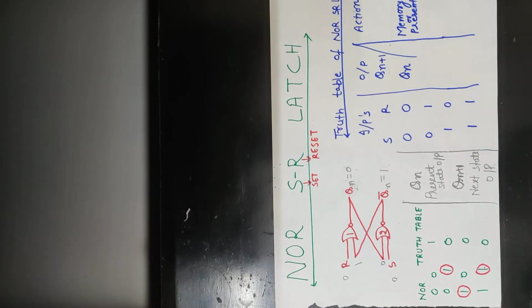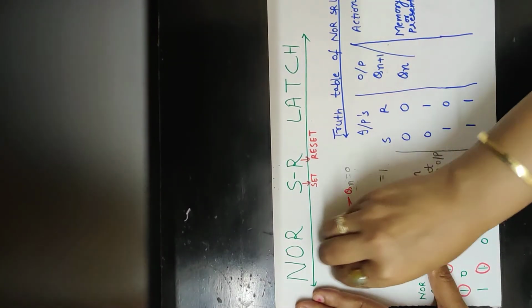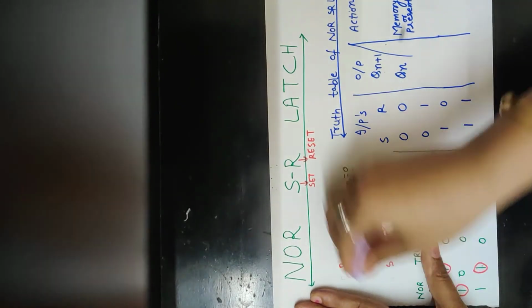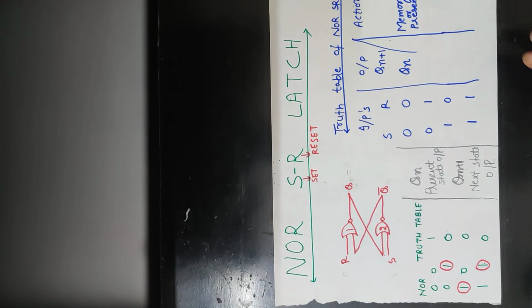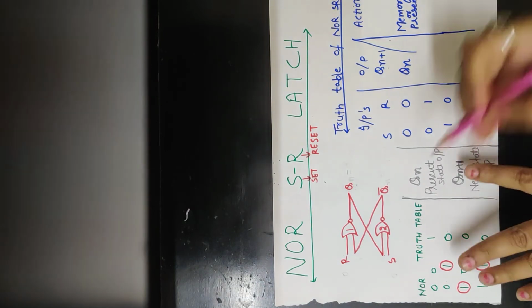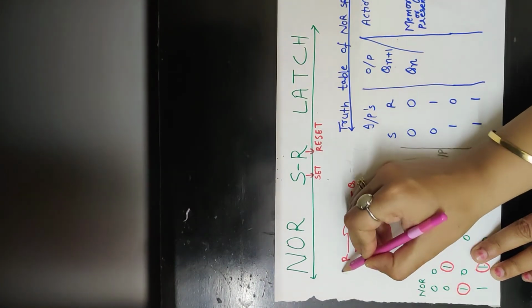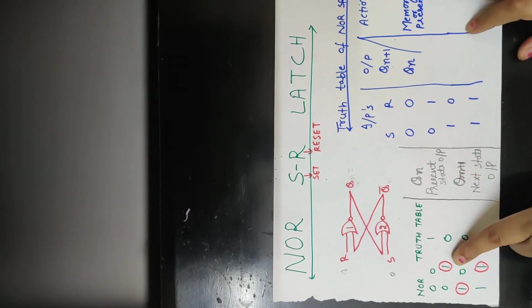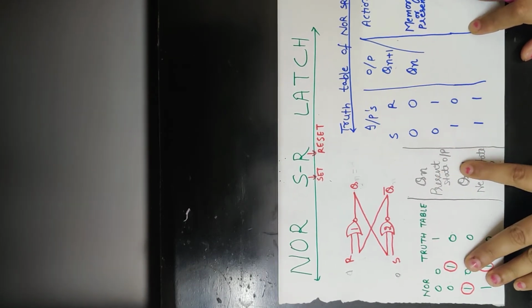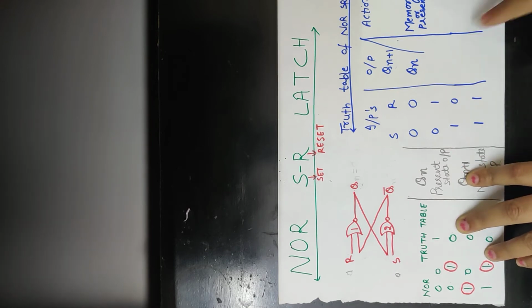Now the second case. First I should erase this, and now the second input condition is when S is 0, R is 1. Clear? Now we can see the truth table. If any of the inputs is 1, the output of that gate will be 0.